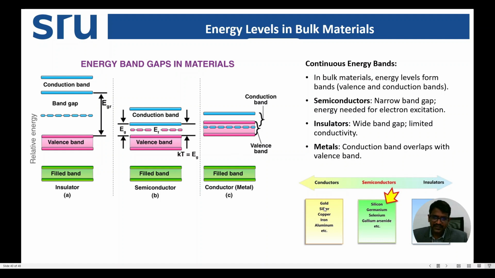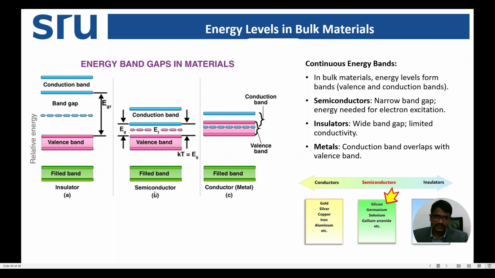You can see here the examples for conductors: gold, silver, copper, iron, aluminum. These are all metals. In these, the band gap is very less, almost zero. Because of this property, all these are very good conductors of electricity.